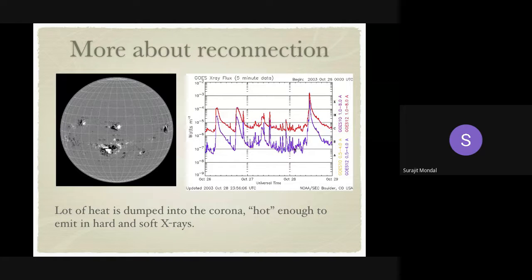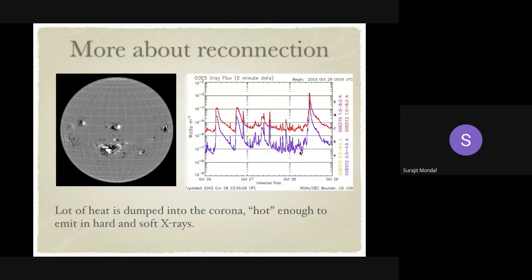So see that during such flares which are produced due to these strong reconnections, the X-ray flux has increased more than 3 orders of magnitude. It was about 10 to the power minus 7 here, and it suddenly increased almost close to 10 to the power minus 3 here. So in a very small span of time, the flux has increased by at least 1,000 times. So these are known as X-ray flares.